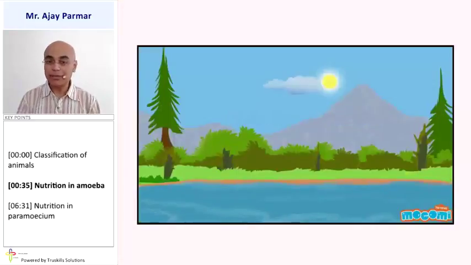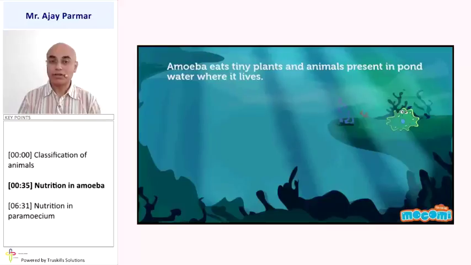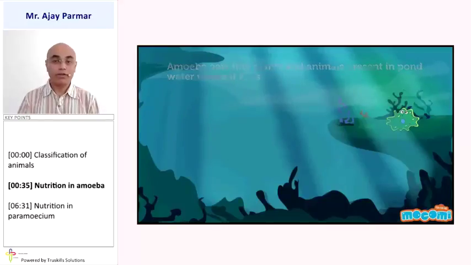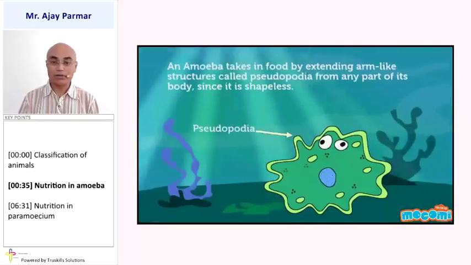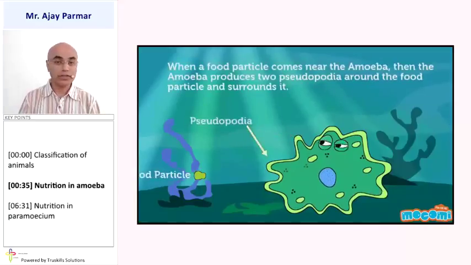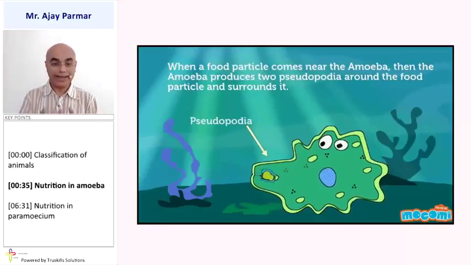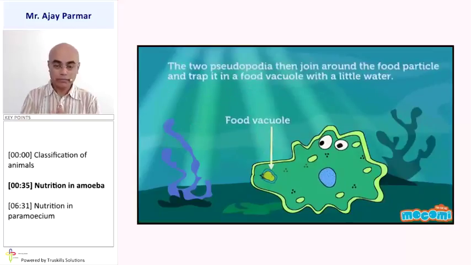Look at this animated video from mokami.com, and it explains the animated form of the mode of nutrition in case of such a beautifully created amoeba. This video also has been downloaded from YouTube, and as explained over here, see, the food particle is approaching. In fact, the amoeba approaches towards the food particle in reality, and the food vacuole is created by the pseudopodia.